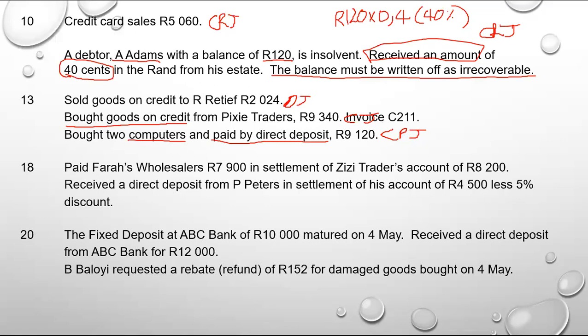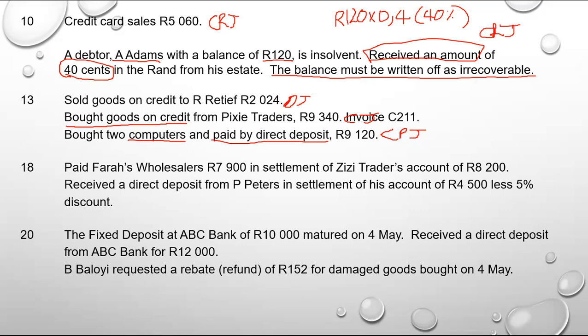Okay, guys. Then it says in 18, that we paid Farah's wholesalers 7,900 in settlement of ZZ Traders account of 8,200. Guys, read the English there. Who is Farah to us?